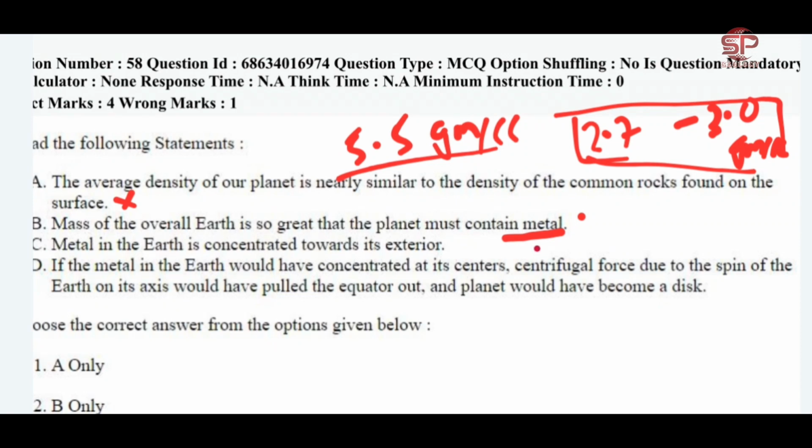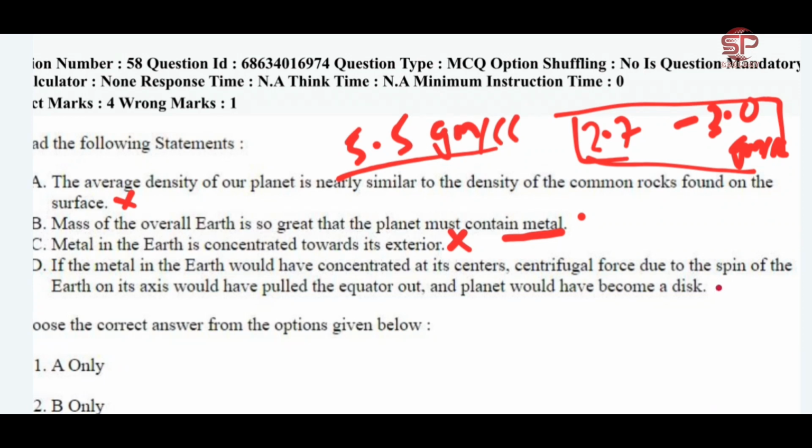Metal in the earth is concentrated towards its exterior. Not all the metals are concentrated towards the exterior of the earth, so you will find metal in the core also. If the metal in the earth were concentrated at the center, then centrifugal force due to the spin of the earth on its axis would have pulled the equator out and the planet would have become a disk.